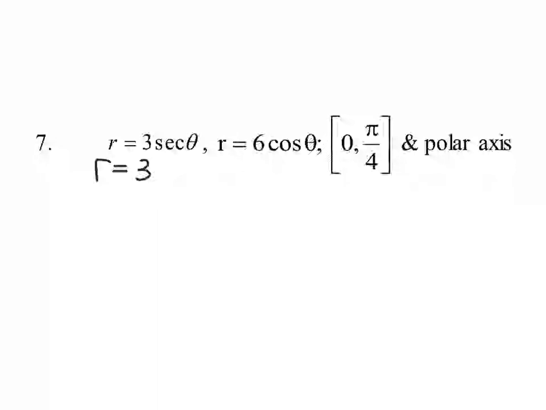Always a good question. So secant theta is the reciprocal of cosine. If cosine's x over r, then secant is r over x. So you'd have r equals 3r over x. The r's would cancel to a 1 on the left-hand side, and you get x equals 3.